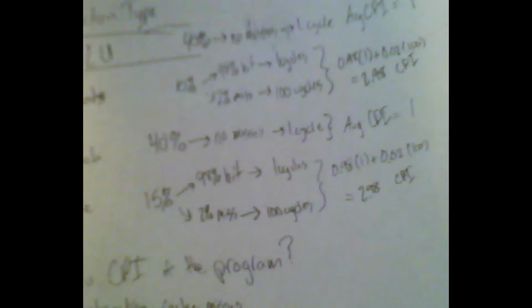So we're going to start down here. We have an ALU CPI equals 1. We have a load CPI which equals 2.98.